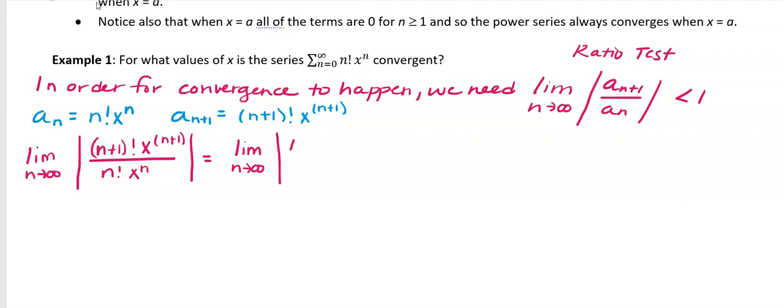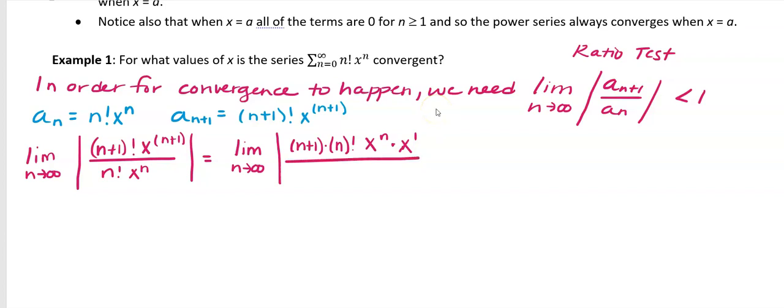So we would be multiplying n plus 1 times n times n minus 1, and so we can really just write that as n plus 1 times n factorial. And also, you can use the idea of powers to separate x to the nth times x to the first, because remember, when multiplying like bases, you would have added their exponents, which would have given us this expression over on the left here, x to the n plus 1. So we just separated our powers there.